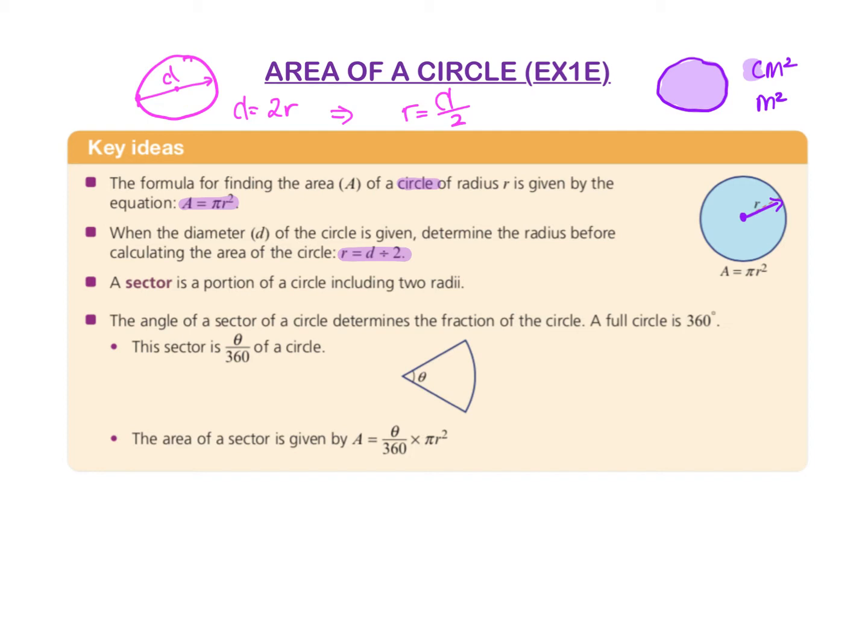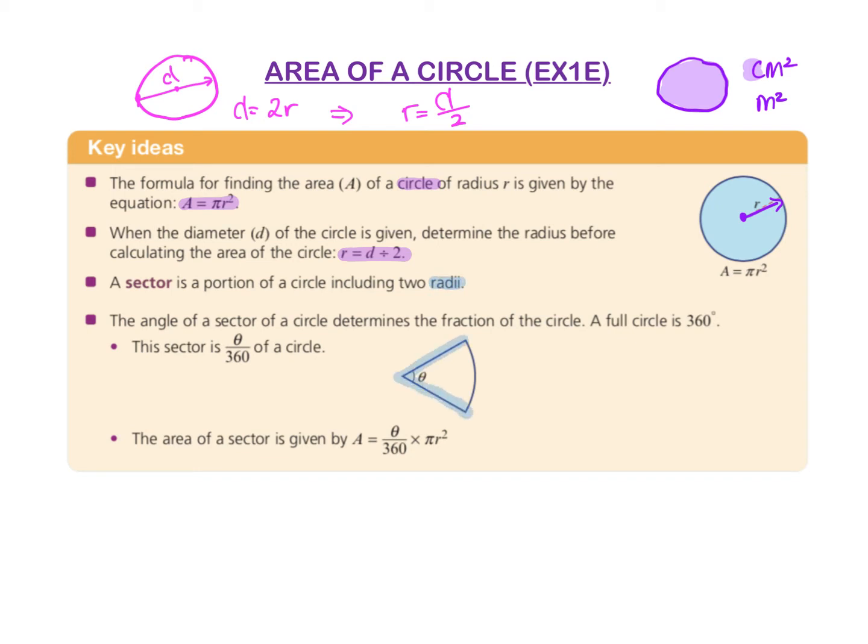Now if you want to find a sector, that means you're going to find a piece of a circle. It's saying here, including 2 radii. The radii are that line and that line.